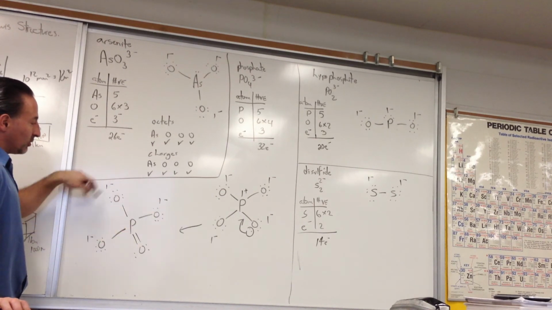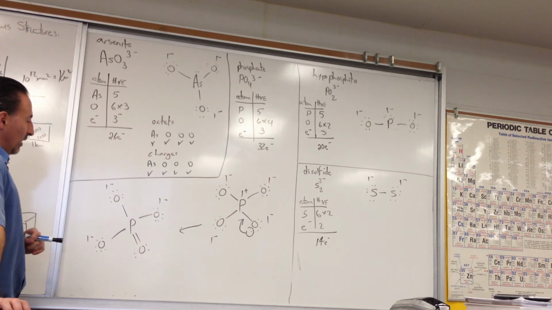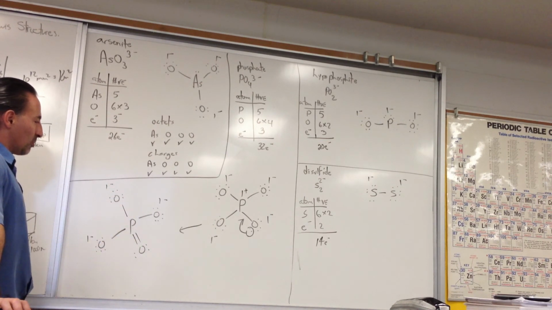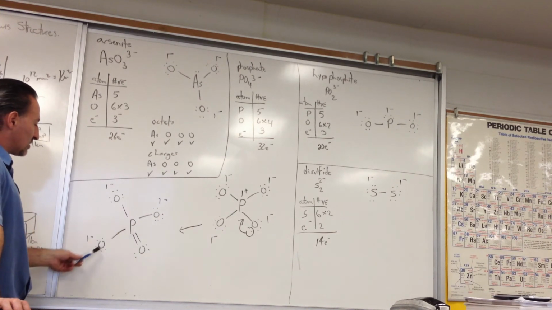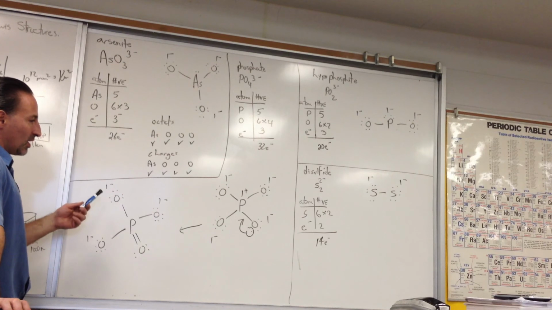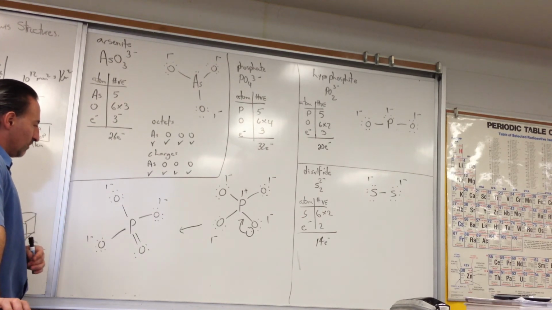So overall, the molecule will have a -3 charge, and due to resonance, this double bond is shared equally over all 4 positions. So the bond character of the phosphorus and oxygen is 1 1/4 bond, essentially, because those electrons are equally shared.